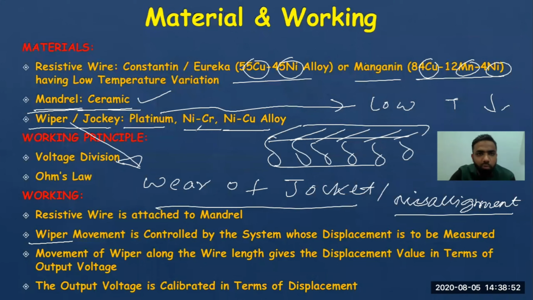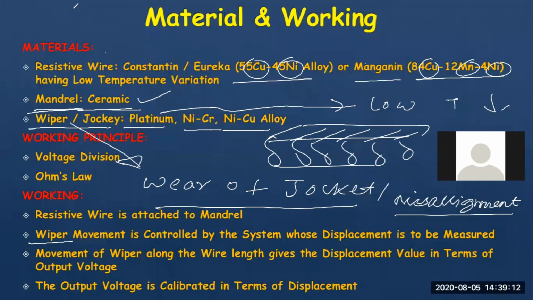Can anyone repeat it for me? What are the various materials that we are going to use? For resistive wire, what should be the material? I have given you the authority to unmute. Eureka or manganin. Constantan or manganin.